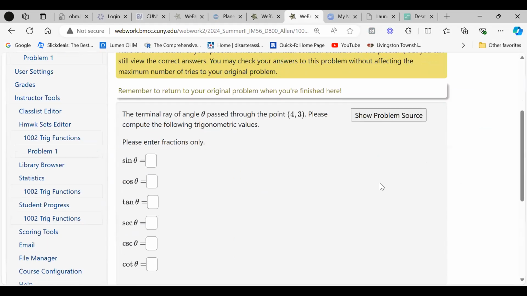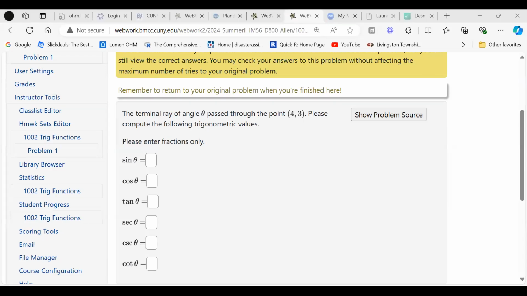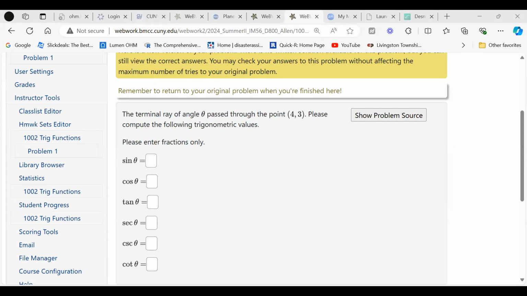So this tells us we're going to draw this in a Cartesian system. I'm going to show you how to do this. We're going to find all 6 trigonometric values here. So let's first review.